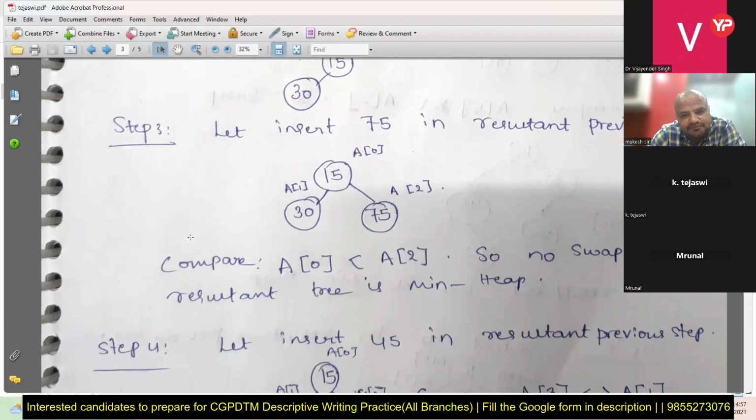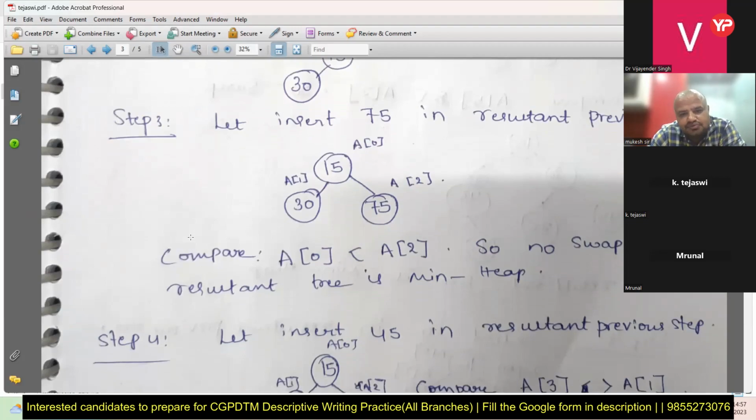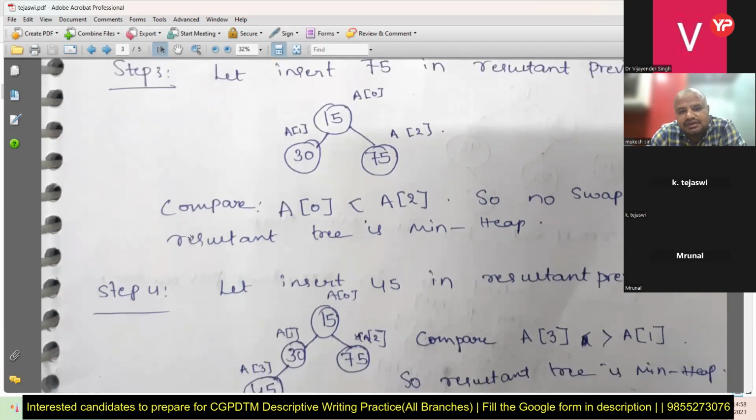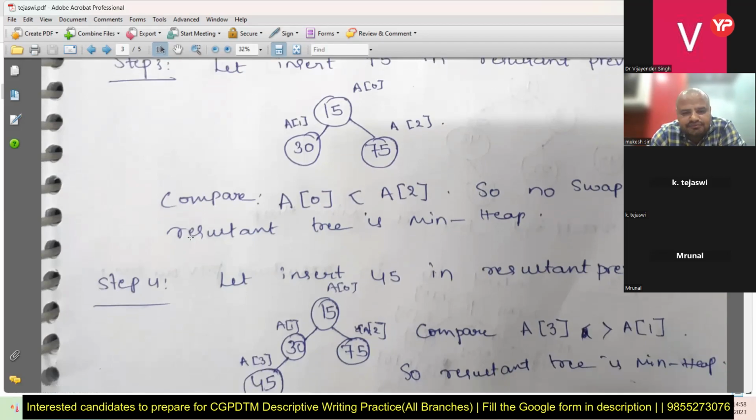That is a good part. But the missing part is, instead of writing a of 0 you can start with 0, because in a tree we never write values, we are just mentioning their indexes. You are writing 15 as 0, now 30 as 1 and 75 as 2, and the same thing you can reflect in your array, fine.